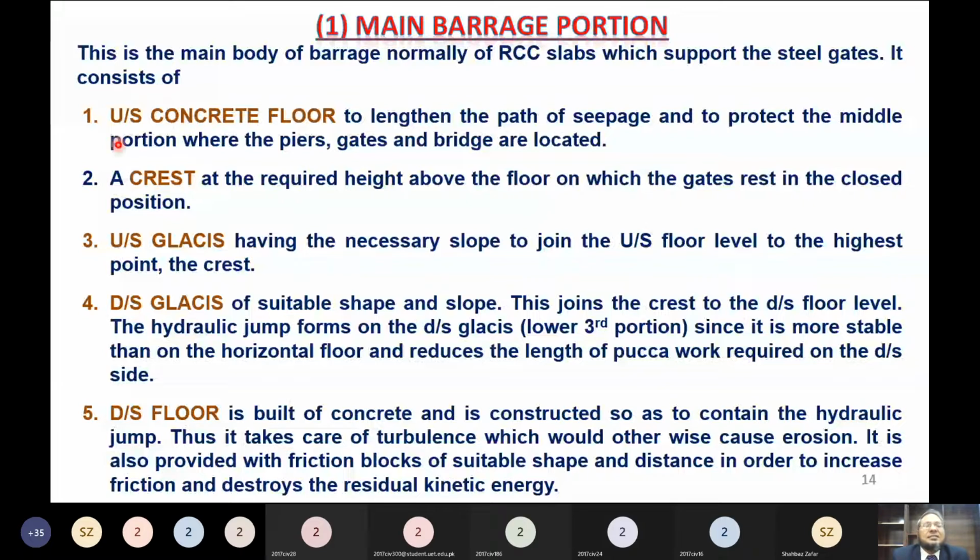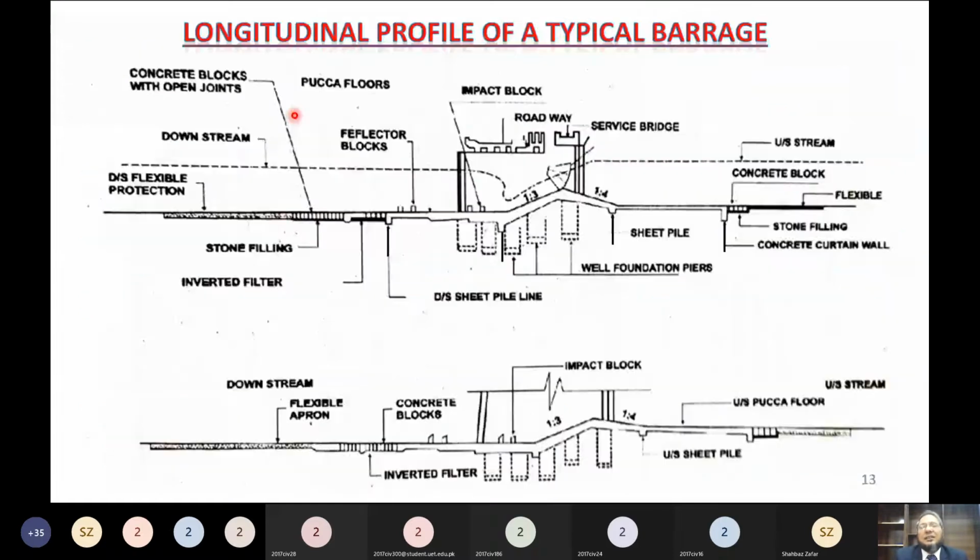Let us discuss the upstream concrete floor. The upstream concrete floor is basically the RCC slab which is provided on the upstream of the intermediate sheet pile and on the downstream of this. What is this? This is the flexible apron. So this concrete floor is called the upstream concrete floor.